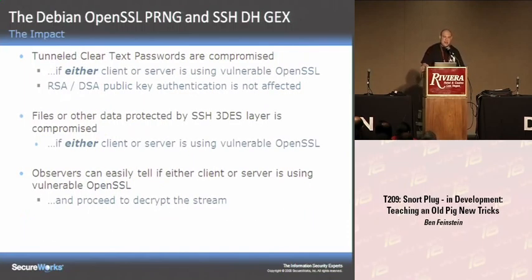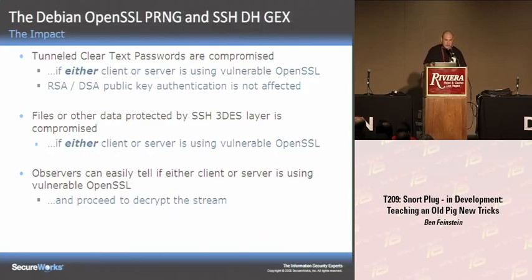So some interesting implications here. Tunneled clear text passwords. Remember how people say tunneled clear text passwords are bad? Well, this shows why they're bad. If I can break the triple DES encryption, I've got your username and password in the clear. If you're using RSA or DSA public key auth, I can't do that. Even if I crack the Diffie-Hellman key exchange, I still can't break your authentication when you're using the public key stuff.